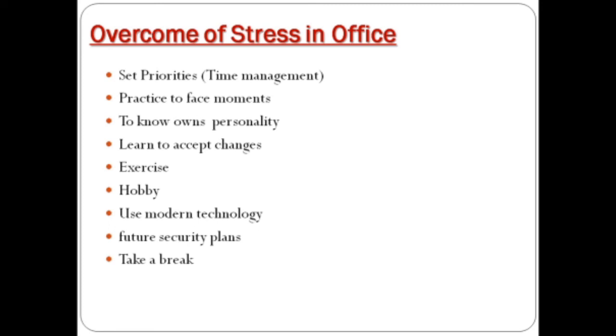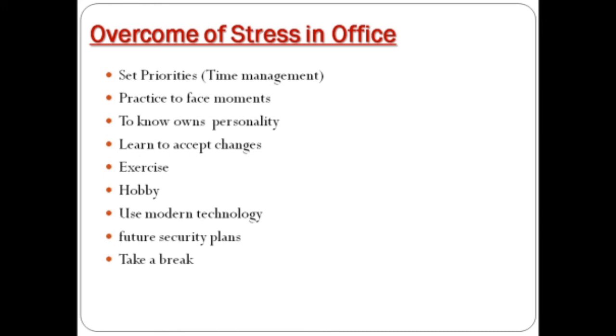Fourth, you have to try to accept or learn changes in life. If you do that, then it will be easy to adjust yourself in a new environment. The fifth solution is to do exercise regularly. It makes you physically and emotionally strong.